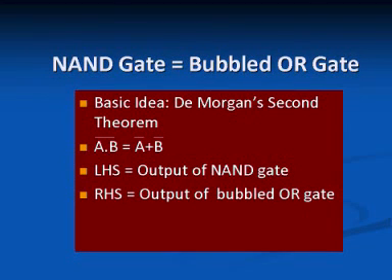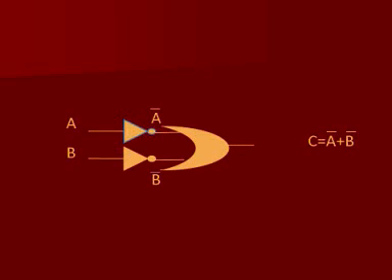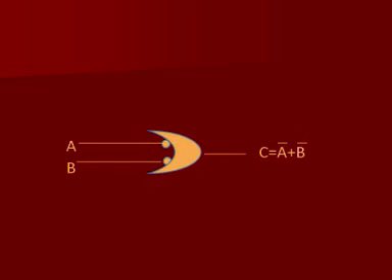Let us now construct a NAND gate using AND NOT gate. For this, use two NOT gates to complement the inputs A and B to A bar and B bar respectively. Then, OR the complemented inputs A bar and B bar.